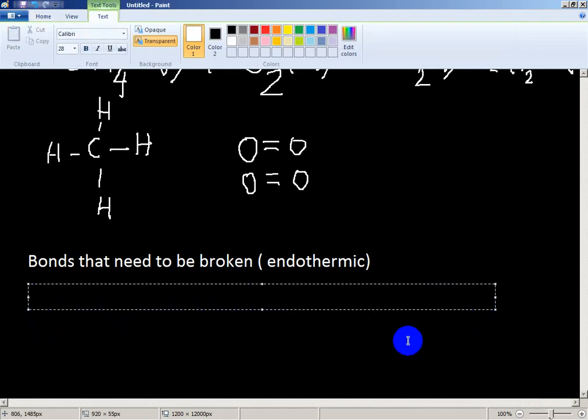So how many bonds? 4 carbon-hydrogen bonds.